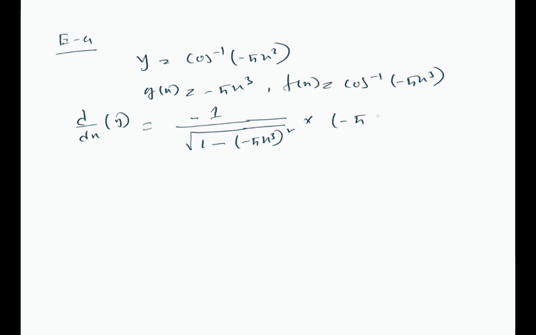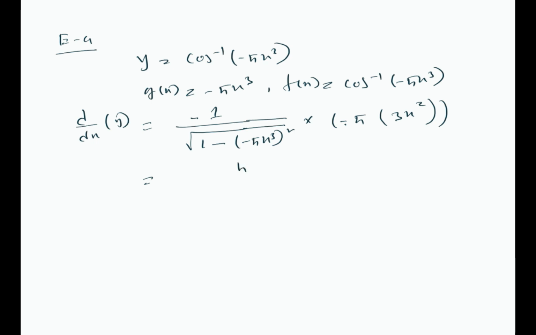Then minus 5, I can take the derivative of x cubed, which is 3x to the power 3 minus 1, which is 2. Okay, so here we are getting one negative sign, one negative sign. So minus times minus is actually plus.